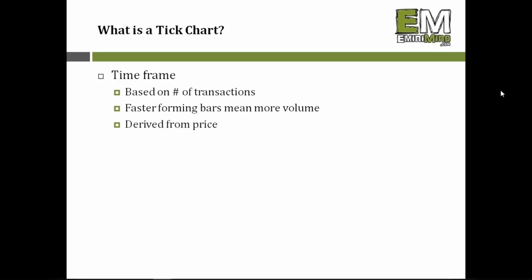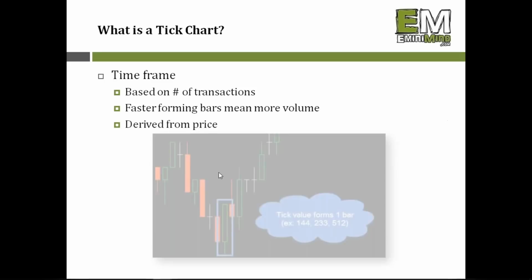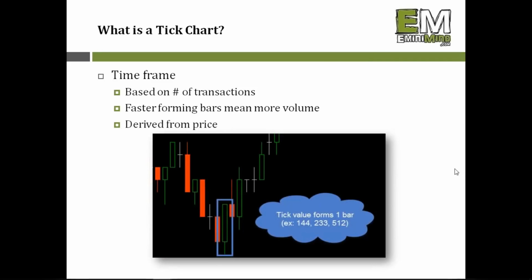If we look at the chart here, you'd say, oh, that looks like it could be a daily chart, or it could be a 5-minute chart. But it happens to be a 512 tick chart. It's just a slight variation on the way that I interpret the data.